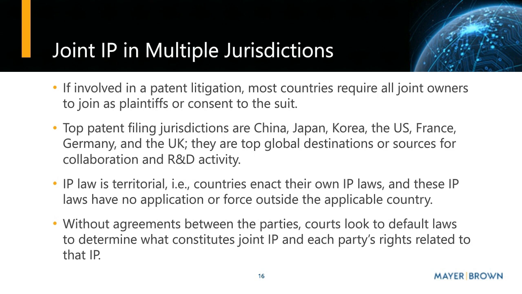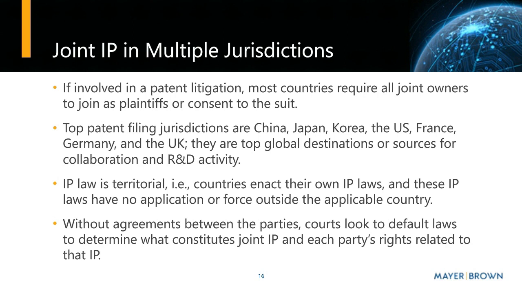Because different countries often have different default rules governing joint ownership, the joint owners may not be fully aware of the implications of joint ownership in a particular jurisdiction. We'll note for you that the top patent filing jurisdictions are China, Japan, Korea, the United States, France, Germany, and the UK. These are top global destinations or sources for collaboration and R&D activity.